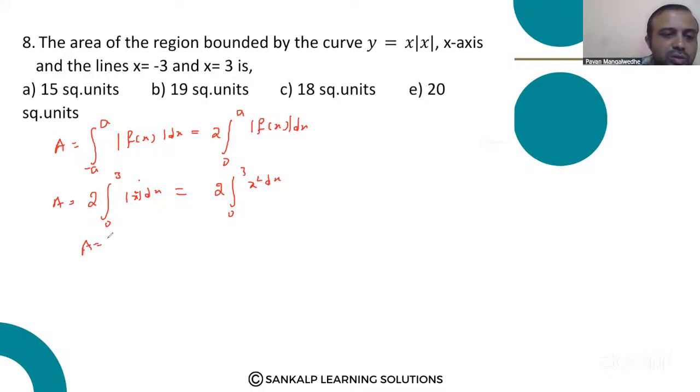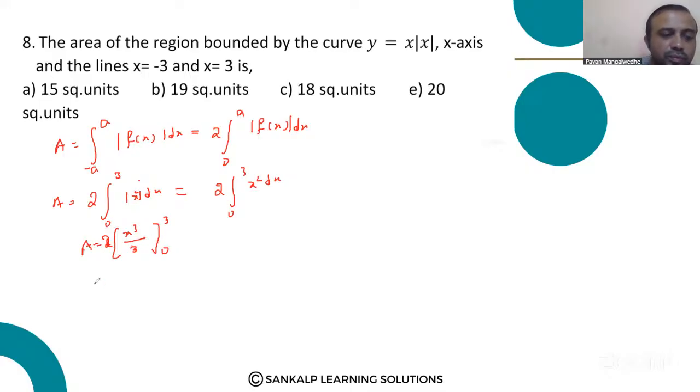A is equal to 2 into x cube by 3, since the integration of x square is x cube by 3, from 0 to 3.